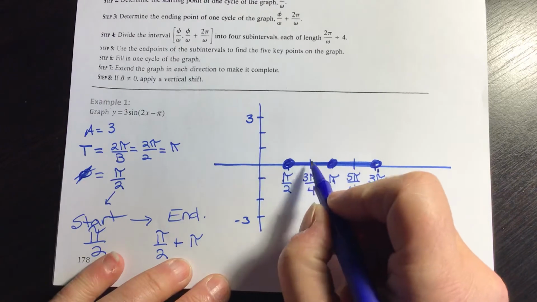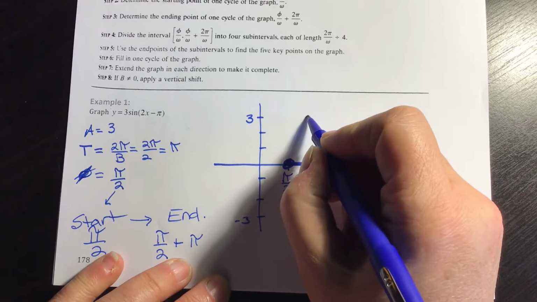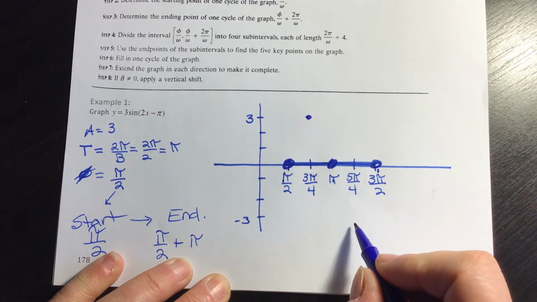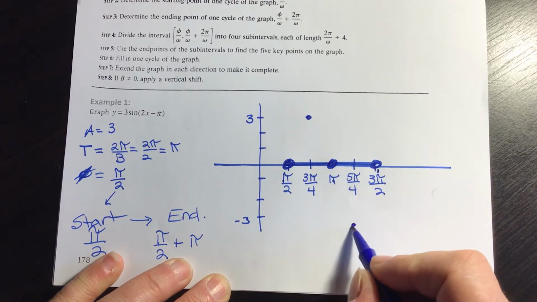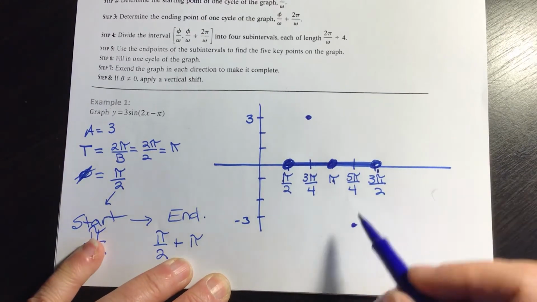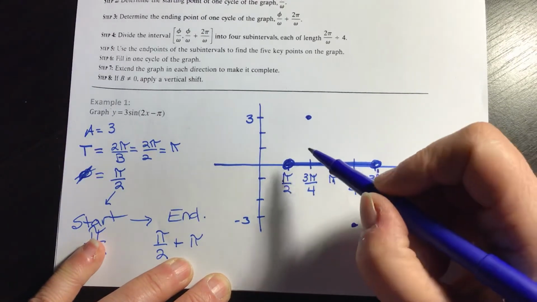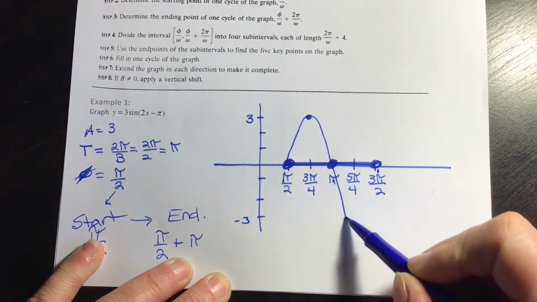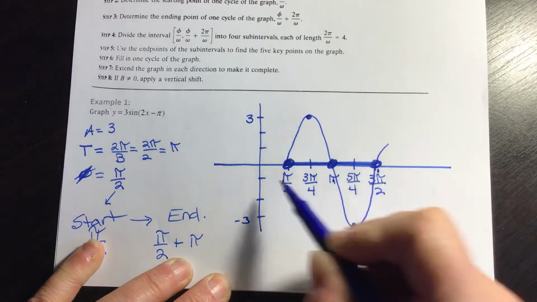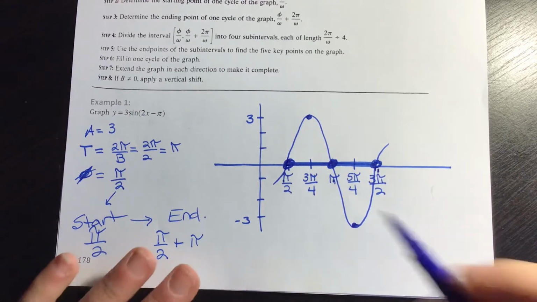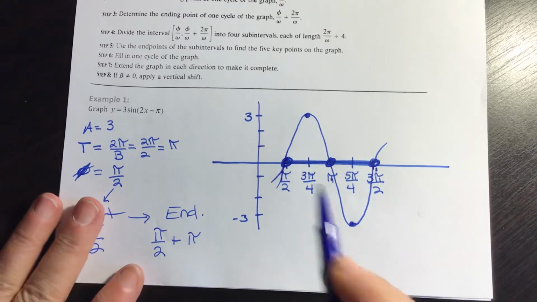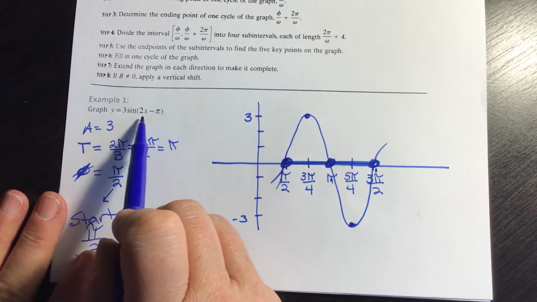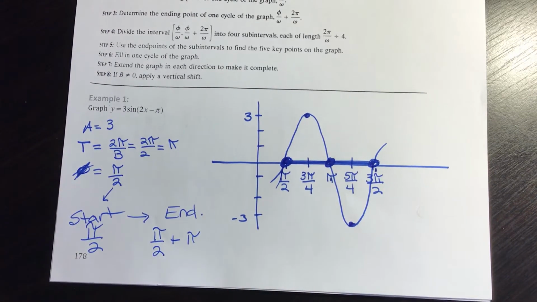And the next point will be up, and my amplitude is 3. And this last point down here is going to be down at my amplitude of -3. So this is what one cycle of this is going to look like. This is the graph of y equals 3 times the sine of 2x minus pi.